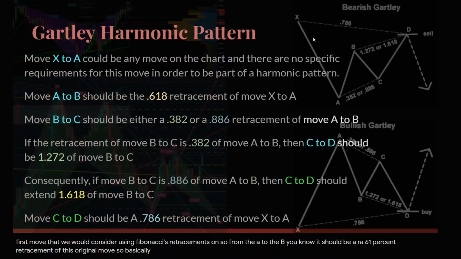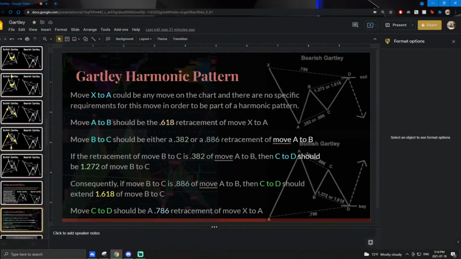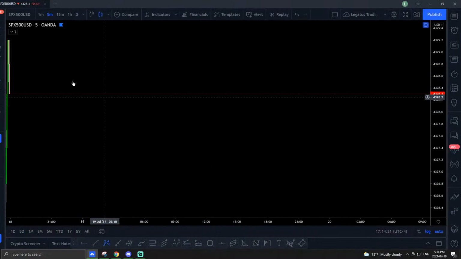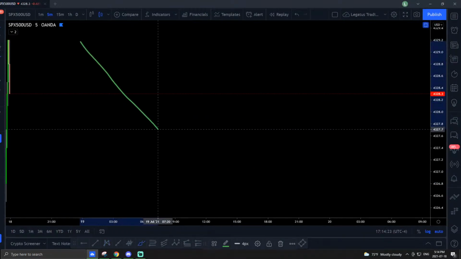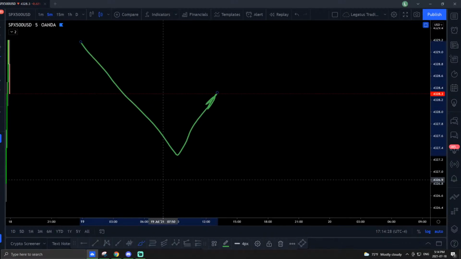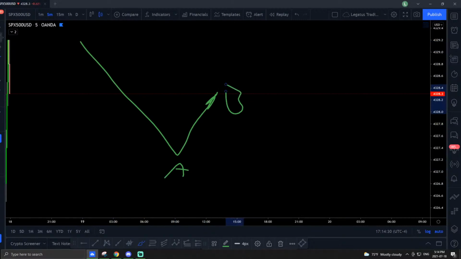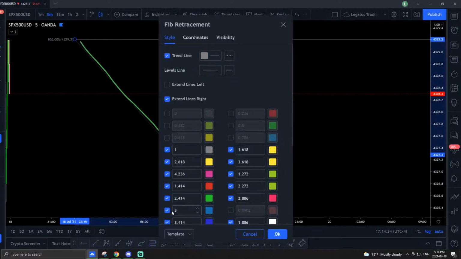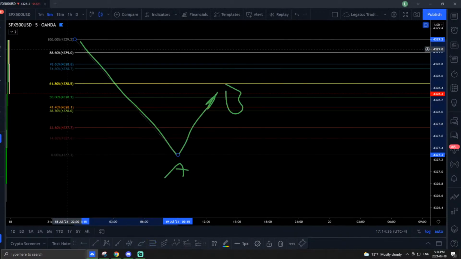So basically, if we take a look at a chart here real quick, and we have a rough move down, this move up that it's having from A to B has to be a 61% retracement, using all the fibs there.